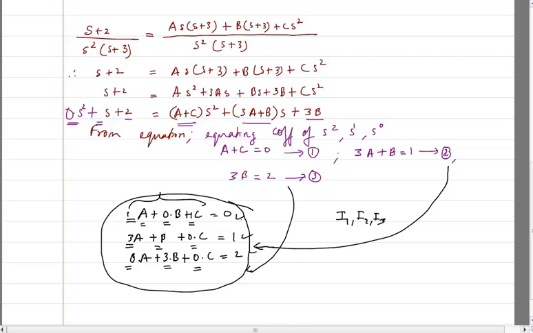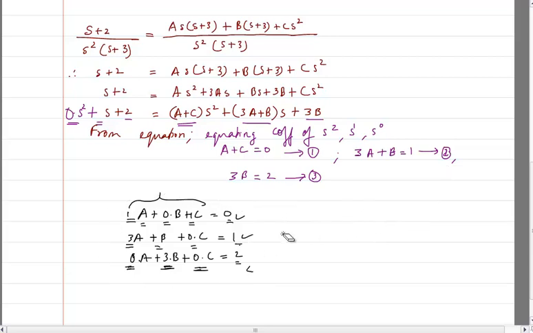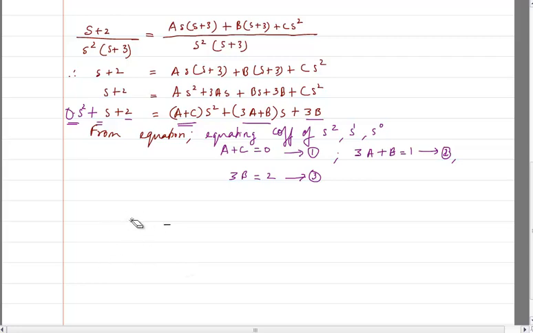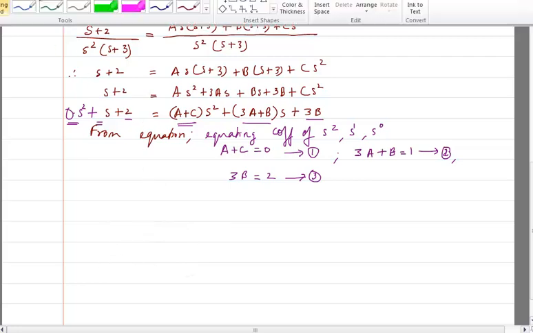Okay. And here it is going to be 0. For the next one it will be 3, 1, 0, 1. Similarly 0, 3, 0, 2. You try to use a calculator, you will get the same answer to solving it in a different method, because here the equation is very simple. There is no need for me to use a calculator.